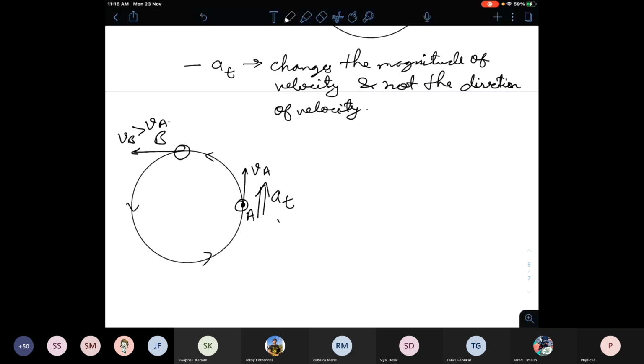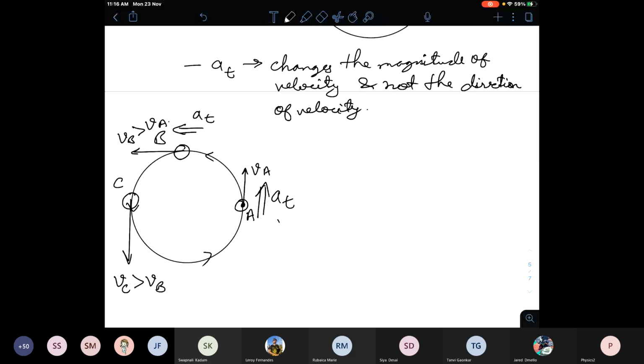Here, tangential acceleration creates change in magnitude. In most cases it will be there. Again when it moves to point C, it will have a different velocity which will be greater than the previous velocity.